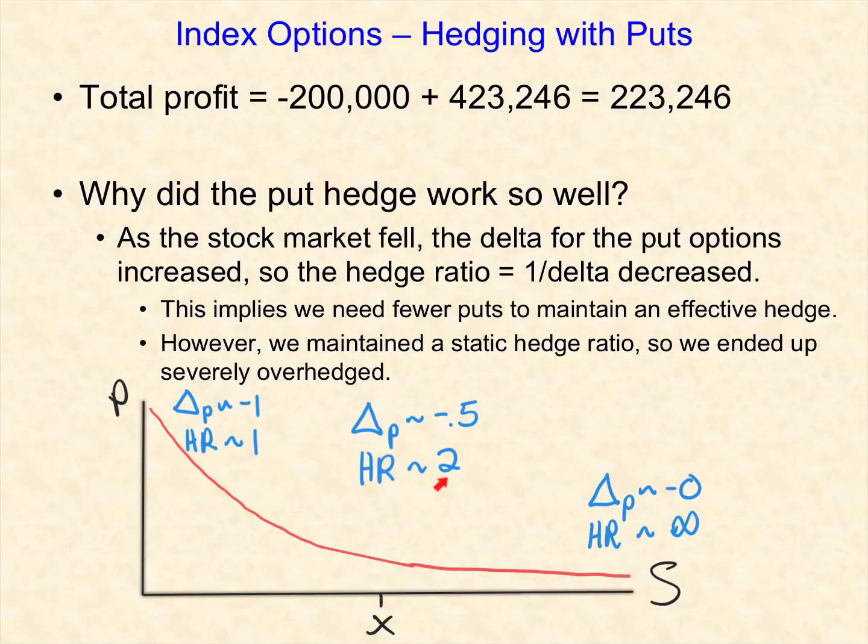In this case, because we were using index options, we had to modify that hedge ratio. In any event, as the value of the stocks falls, the hedge ratio decreases. However, we maintained a static hedge ratio, and so we end up being substantially overhedged as the stock price falls, or as the value of our stock portfolio falls.